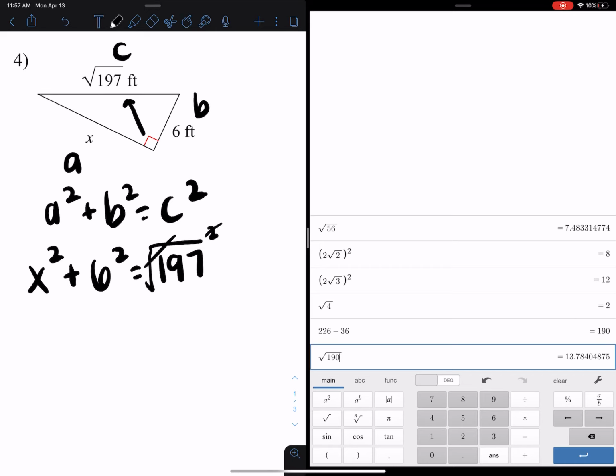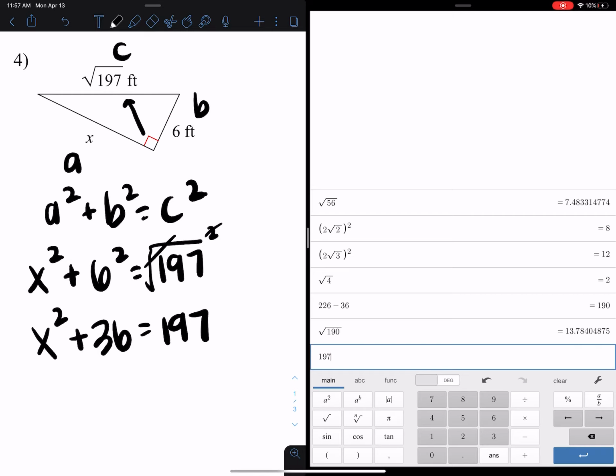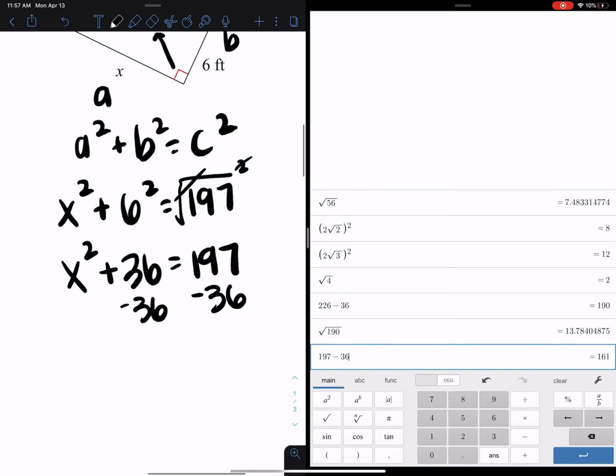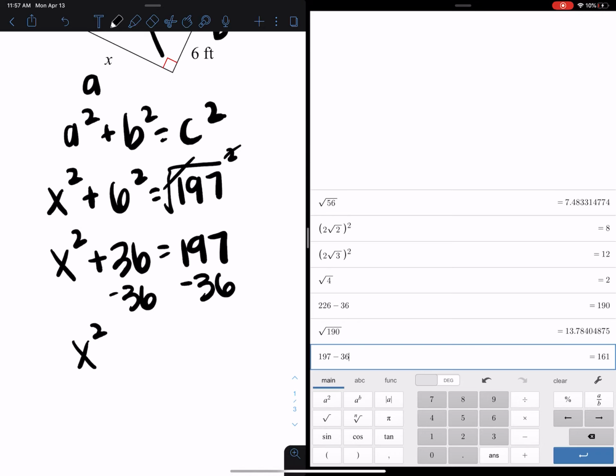So remember, the square and the square root, they just cancel each other out. So we get X squared plus 36 equals 197. So we need to subtract 36 from both sides. So we do 197 minus 36. So we get x squared equals 161.